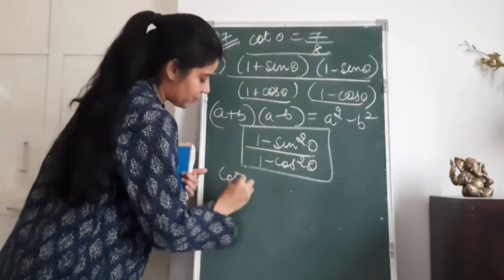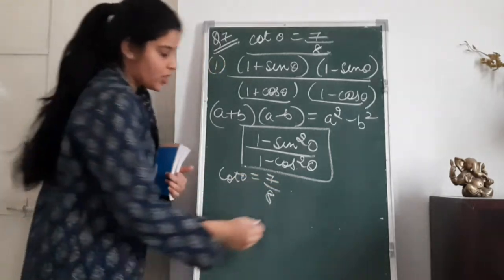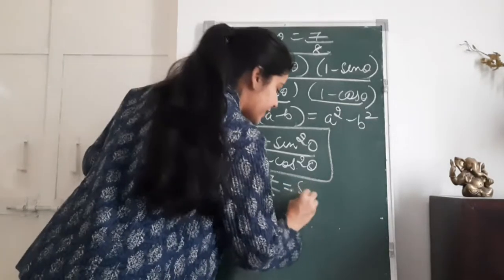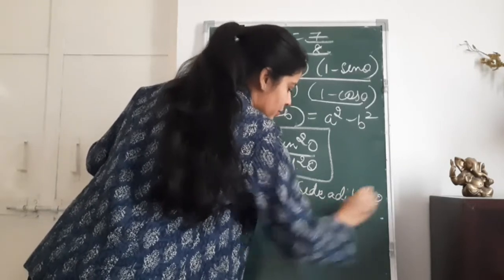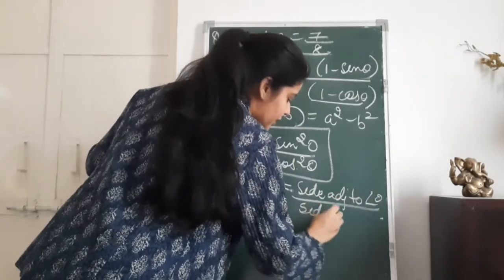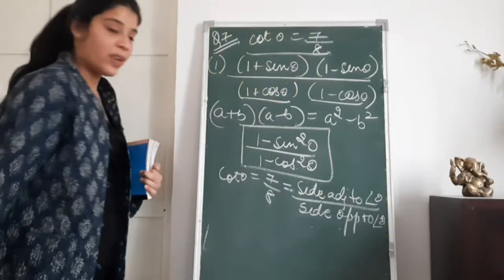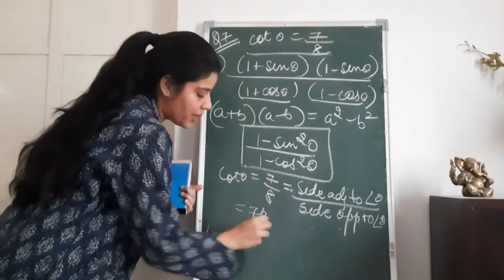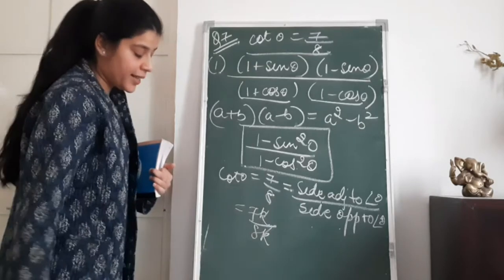Cot theta is equal to 7 upon 8, which is cot theta is also equal to side adjacent to angle theta upon side opposite to angle theta, right? Again, let k be the common number which is being cancelled from numerator and denominator.